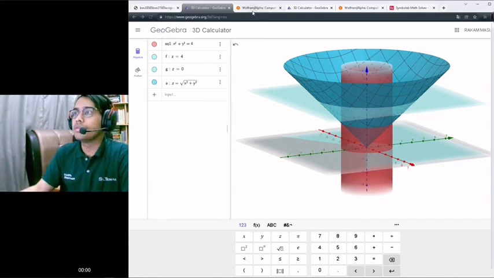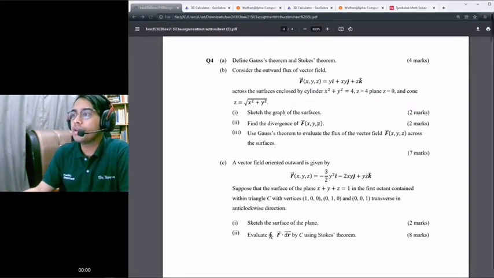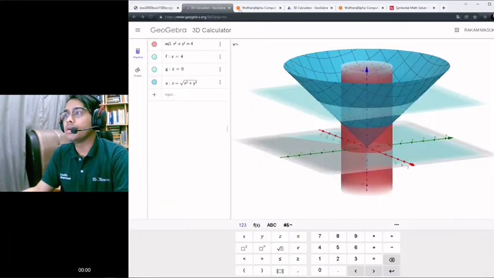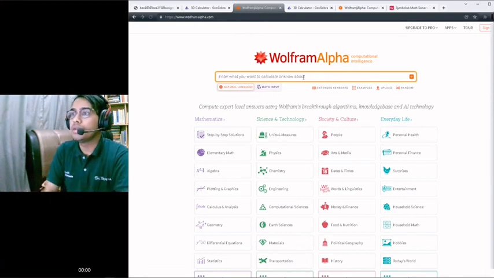Moving on to the calculation, which is to find the divergence of F of x, y, z. To do that, we take this formula and put it in Wolfram Alpha, the online software.